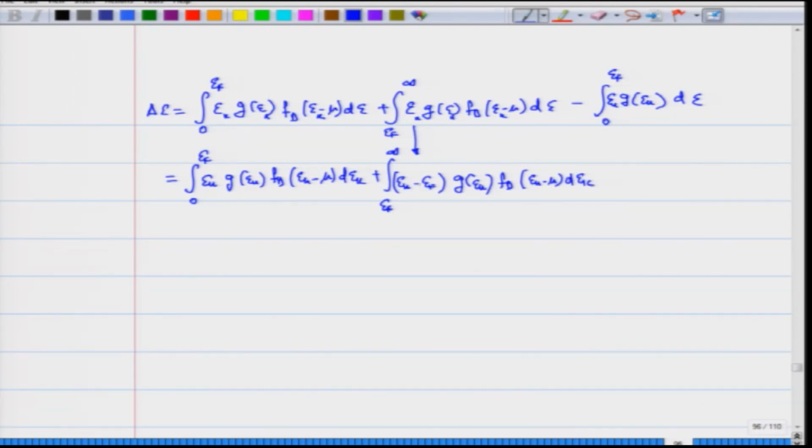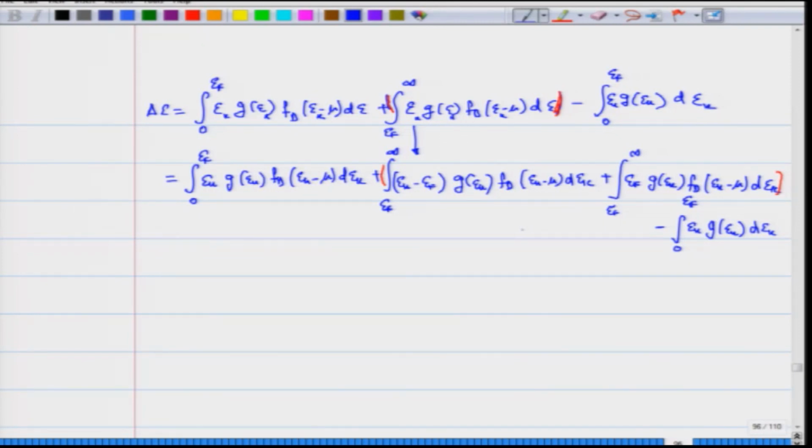Because I have subtracted an EF from here, I will add a plus EF. So, EF to infinity, the same term, but I will just add EF G(Ek) F_D (Ek minus mu) dEk. These two terms are nothing else but this term which I have here. This term is now rewritten as this term, and then I have the same expression as earlier. This extra term is still the same, the integral from 0 to EF of Ek G(Ek) dEk.